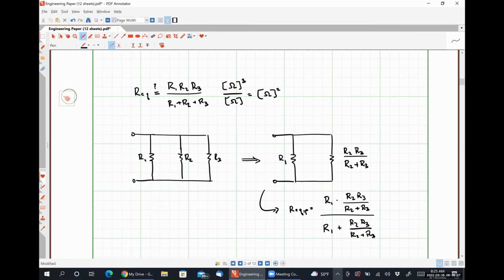All I've done is use that two-resistor combination method twice to get that result.